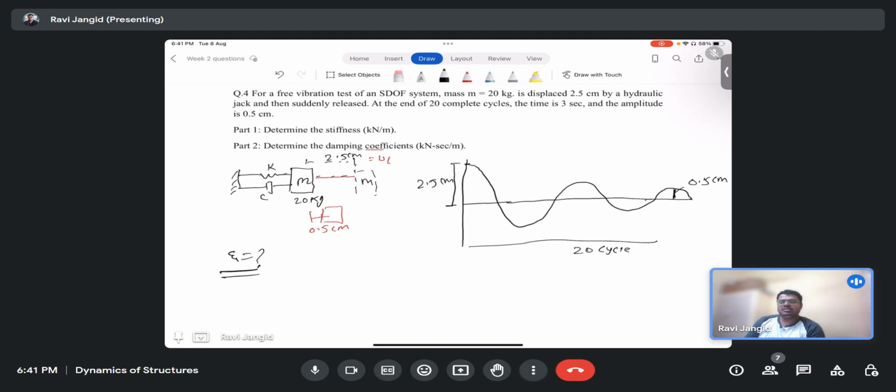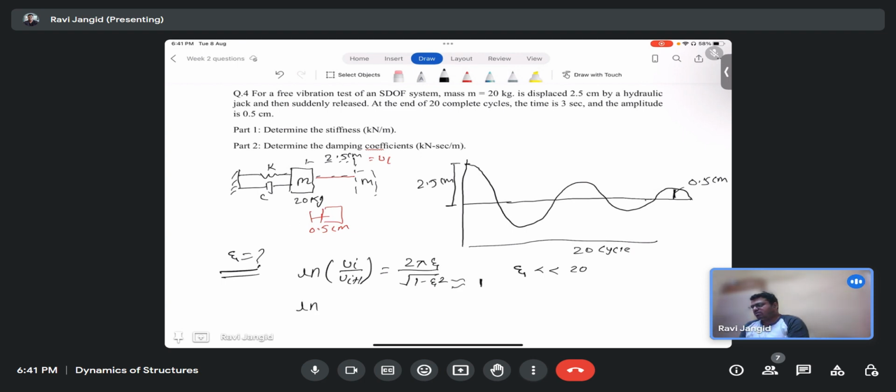For the logarithmic decrement, as we have discussed, ln of u_i divided by u_(i+1) is equal to 2 pi xi over square root of 1 minus xi square. Let us suppose my damping is very less, 20%, in the first case scenario. So I can ignore this term as 1. The logarithmic decrement ln(u_i/u_(i+1)) is 2 pi n xi, where n is the number of cycles.